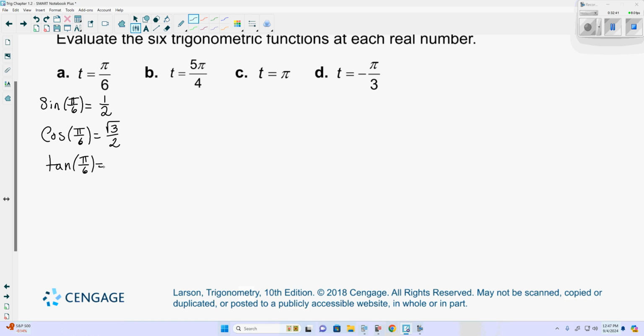Tangent is y over x, the y value over x, or sine over cosine. And I'll write that in here in a minute.